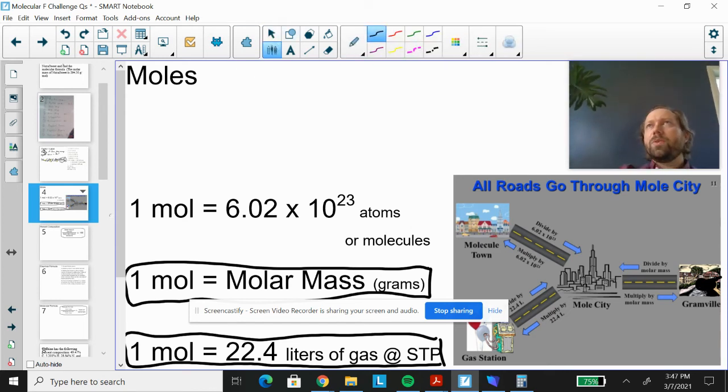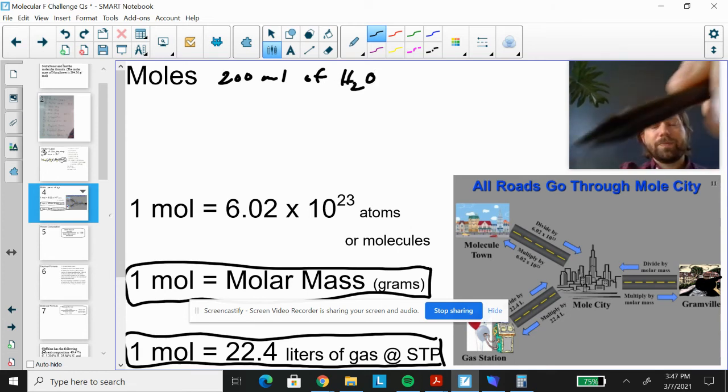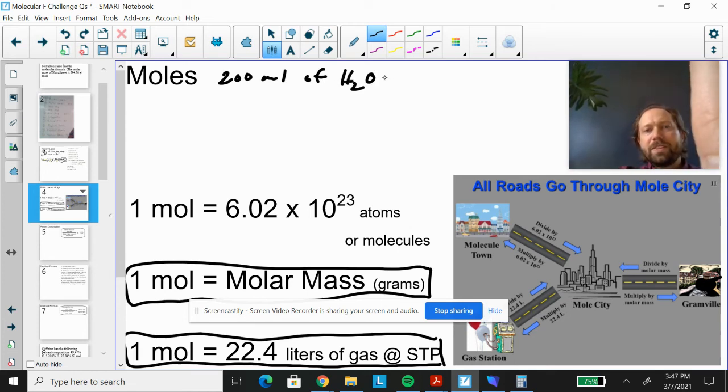Let's say you have 200 milliliters of water, of H2O. And this is a liquid, so it's in parentheses. And they want to know what is the number of moles.